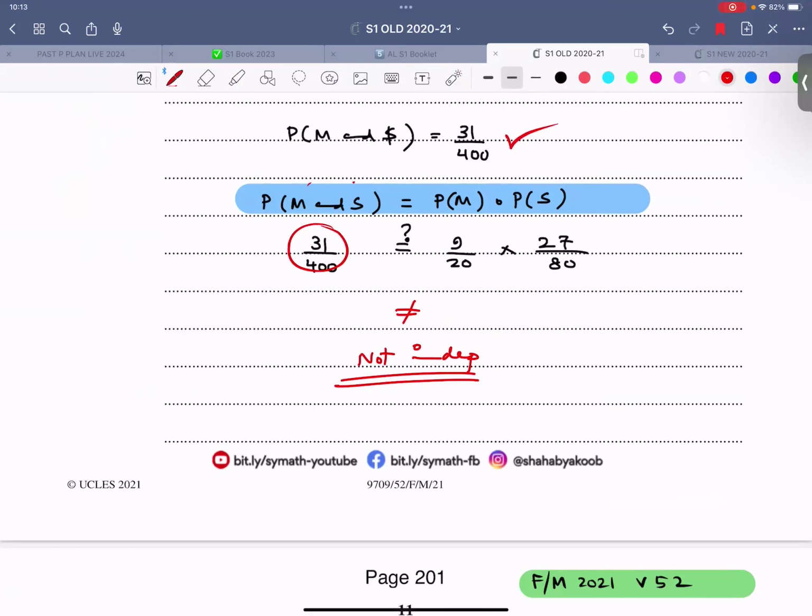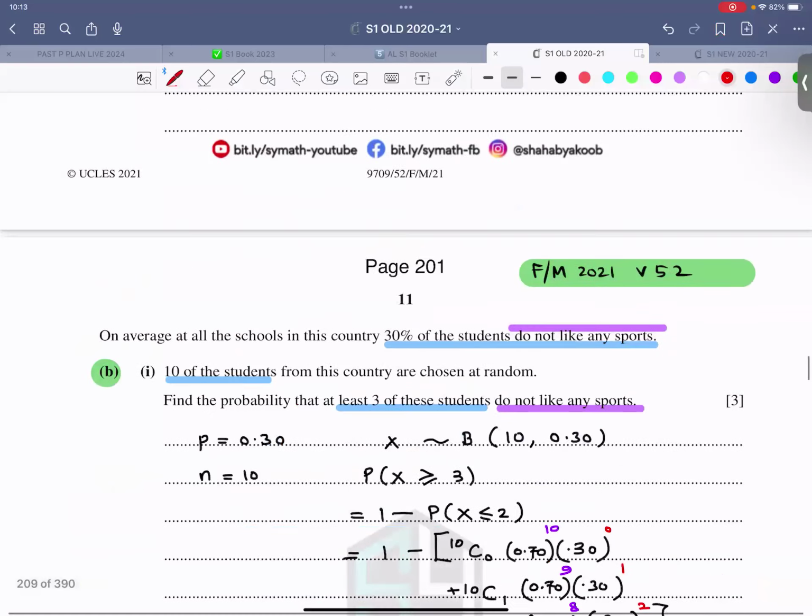That's right over here. Now we apply this equation for independence. If probability of M intersection S is equal to probability of M times probability of S, we will say it's independent, otherwise it's not independent. And remember, and is denoted by intersection, or is denoted by union. So that was a simple question.